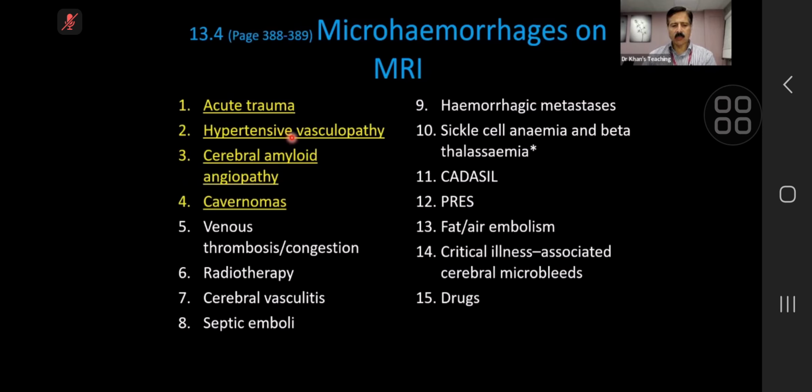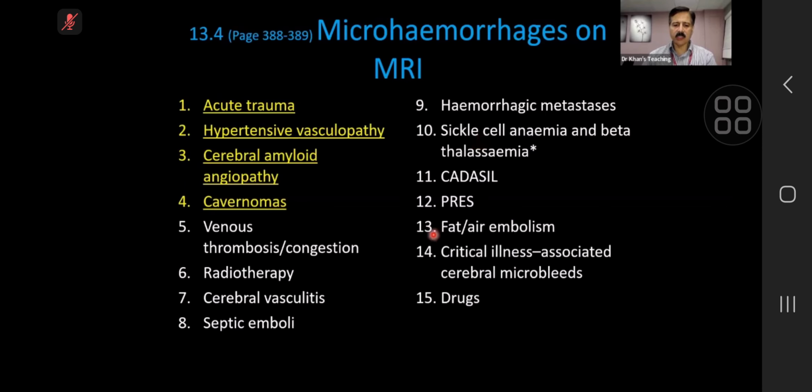Now, in trauma, microhemorrhages can be because of diffuse axonal injury. In a younger age group, always remember cavernomas. Cavernomas are very important for the exam, also known as cavernous angiomas. We'll cover them subsequently. But many other things like hemorrhagic metastasis and sickle cell anemia, which, because of fat emboli, can cause microhemorrhages.